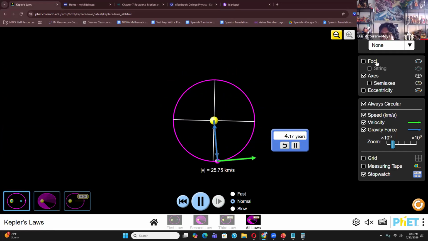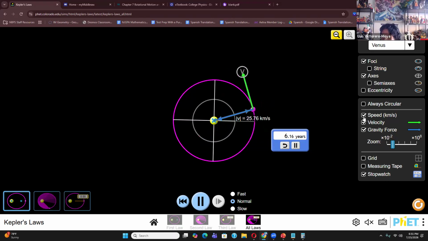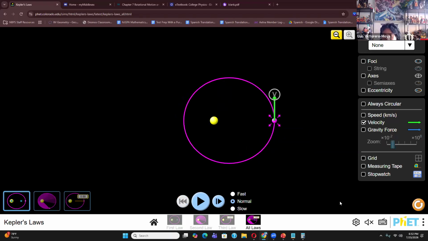We know now that actually the motion of the planets is not a circle but an ellipse.